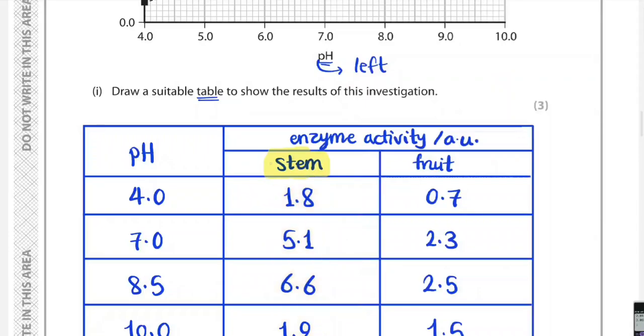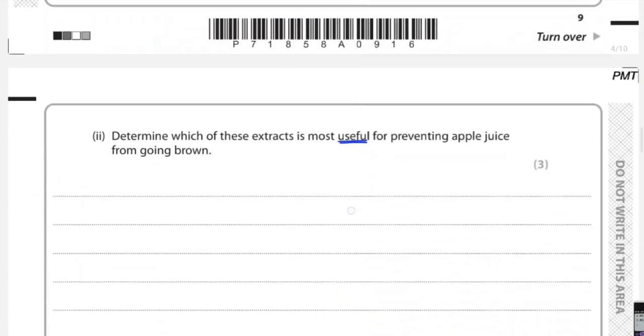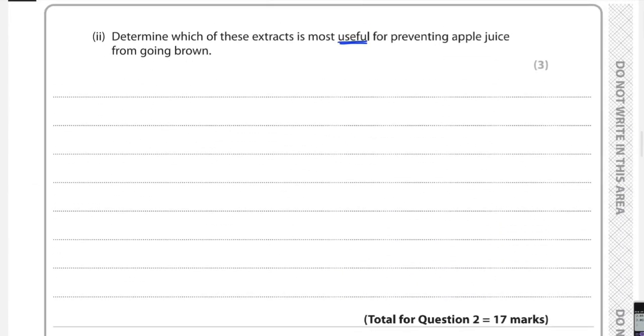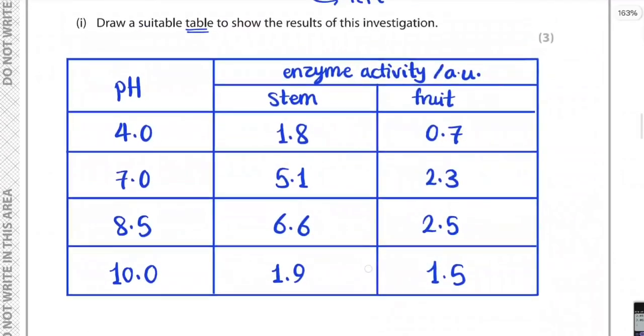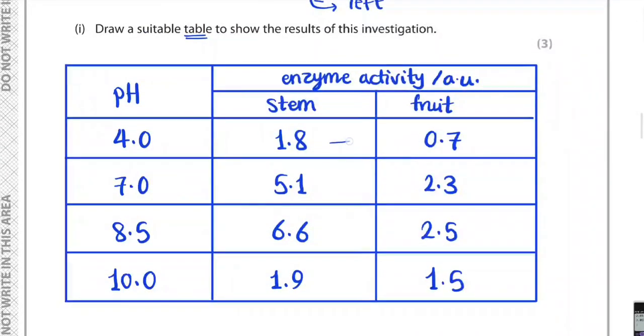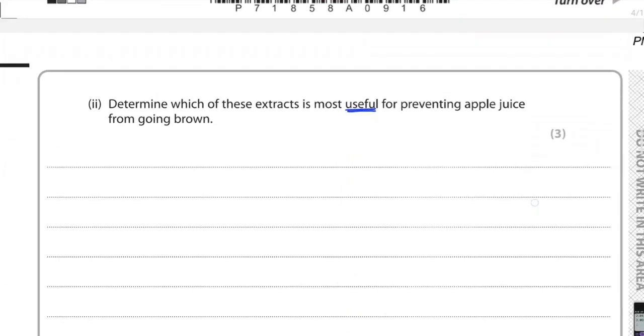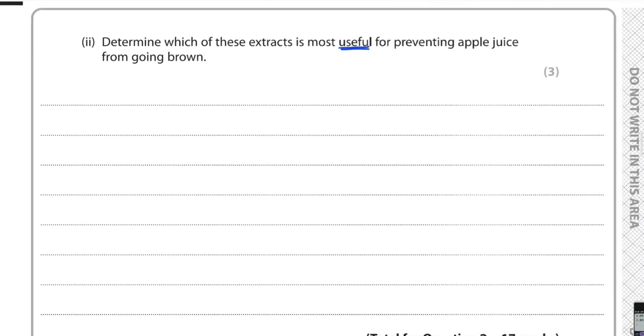So my answer here is definitely going to be stem extract. And why is that? Because it's more active and it has a higher enzyme activity than fruit extract at all pH values, and we can use data manipulation by stating how many times it is more effective than the fruit extract. Let's put this answer into words.